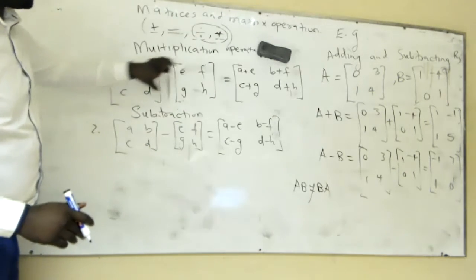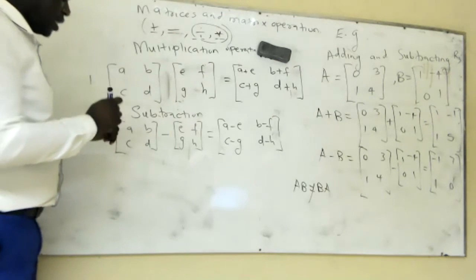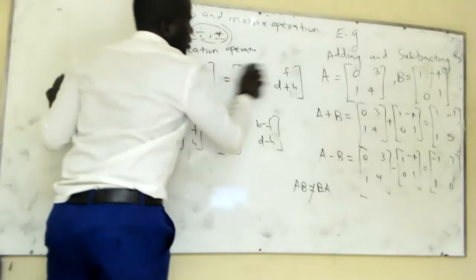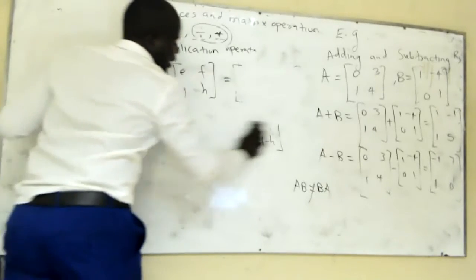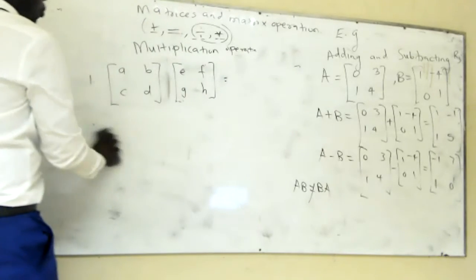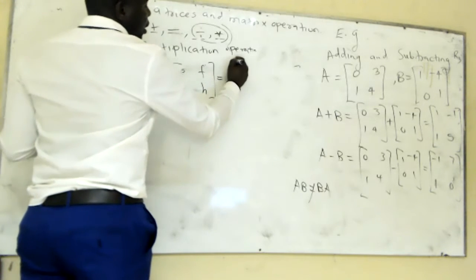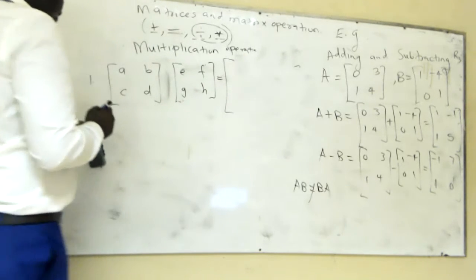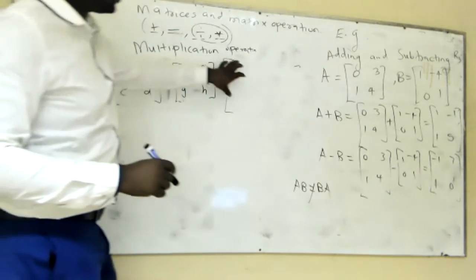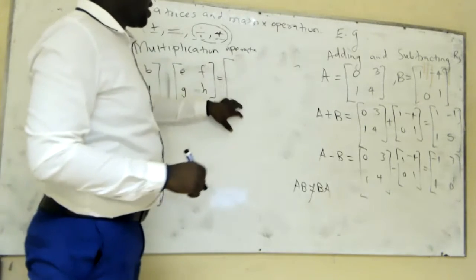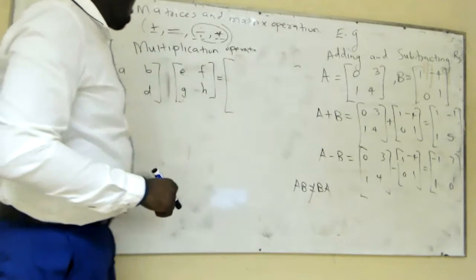So we just have the two matrices which are multiplying each other, like that. We don't write any sign in between, but we know these two matrices are multiplying each other. So then now the question is, how do you get the first component, the second component, the third component, and the fourth component of this?